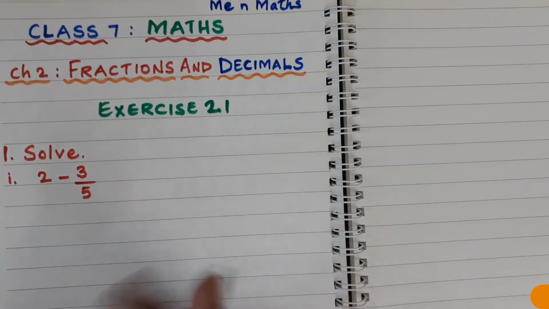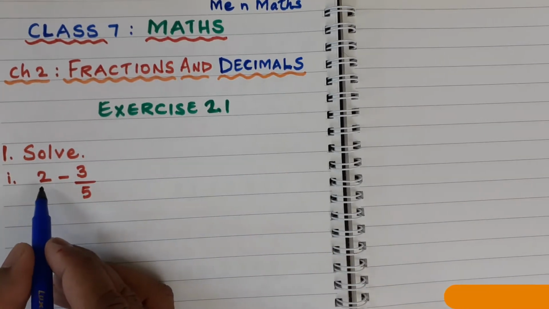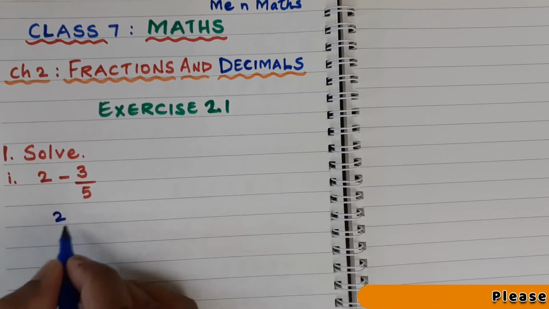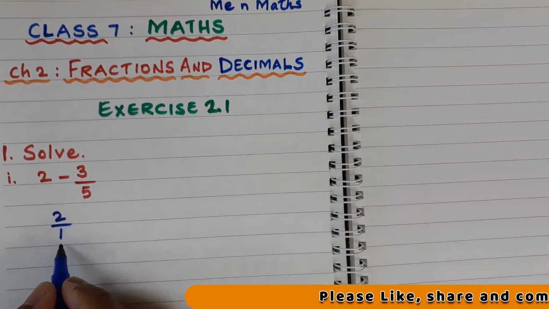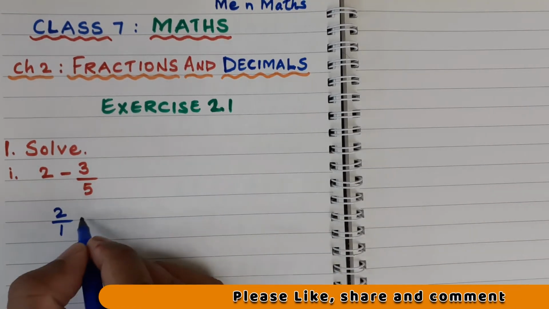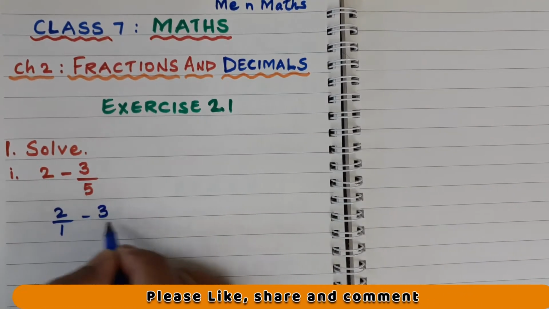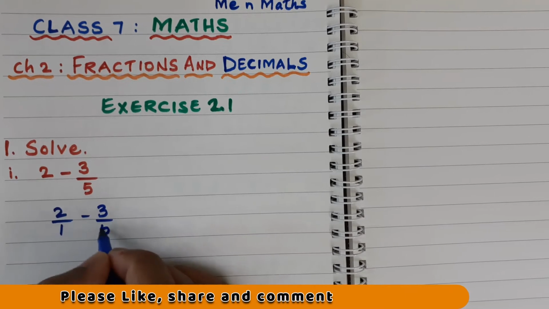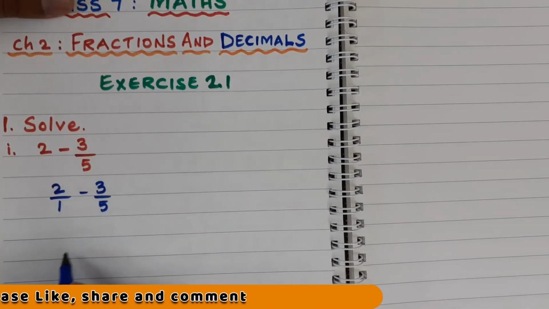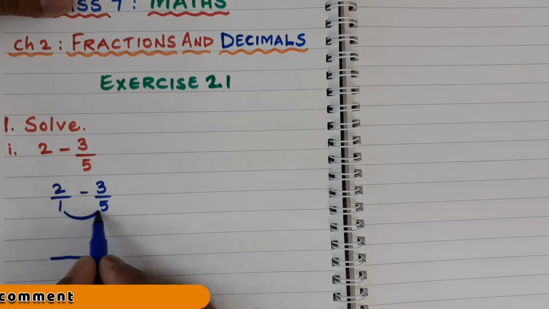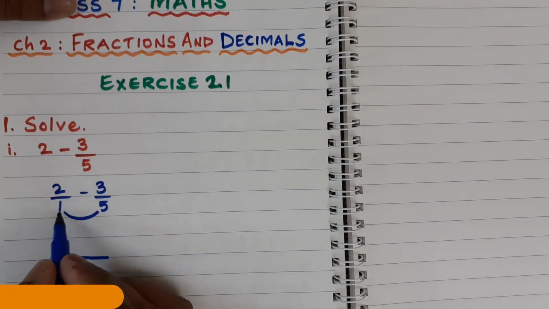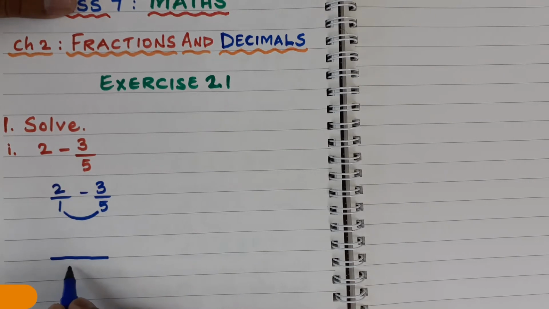Our first step is to change this whole number 2 into a fraction. Just write 1 in the denominator, so it changes into a fraction. Then again minus 3 upon 5. The next step is multiply the denominators, 1 into 5.